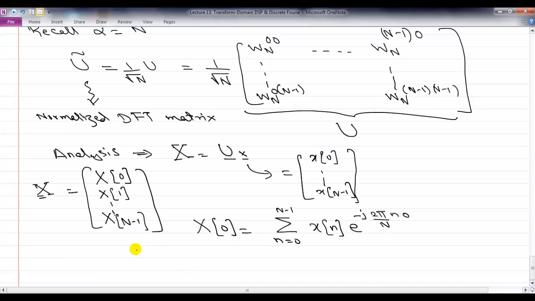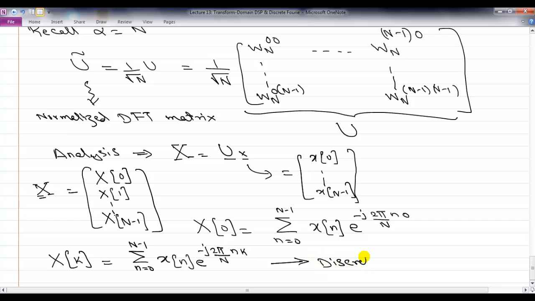And similarly, I can write it for every value. In particular, my X[k] for k between 0 and N minus 1 is defined to be the sum over n equal to 0 to N minus 1 of x[n] e to the minus j 2 pi over N nk. And this is in general what you might have seen being called the discrete Fourier transform.